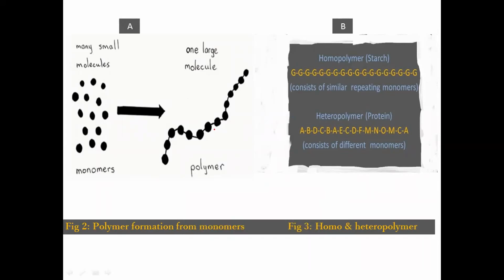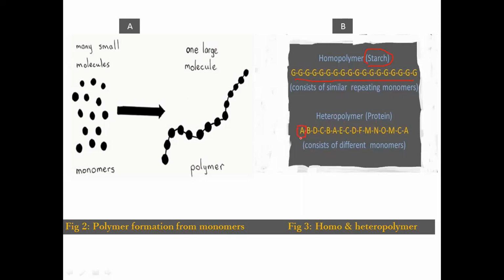And in figure 3, we have a homopolymer and a heteropolymer, as a general example. We discussed that starch is a homopolymer. Starch consists of glucose molecules, and these are all similar glucose molecules, so it consists of similar repeating units called monomers. A heteropolymer is exemplified by protein, which consists of different monomers known as amino acids.